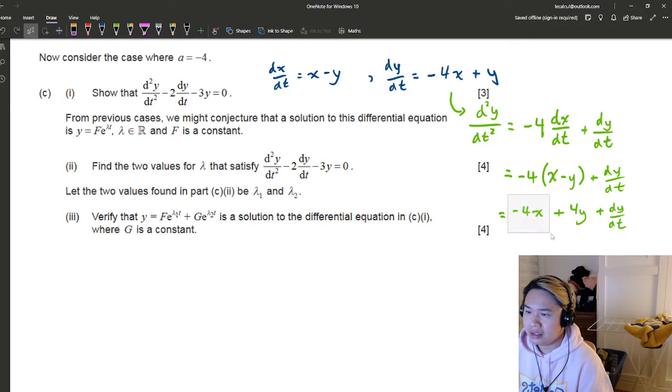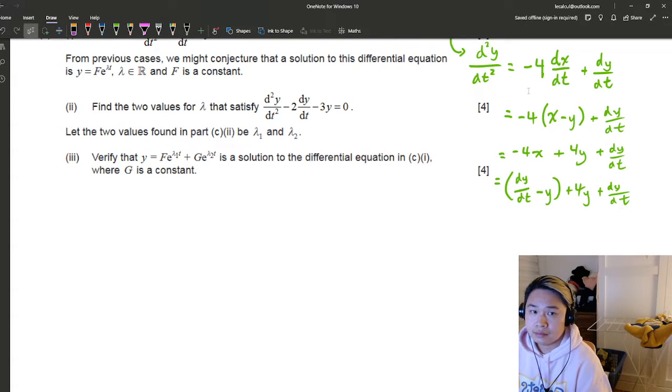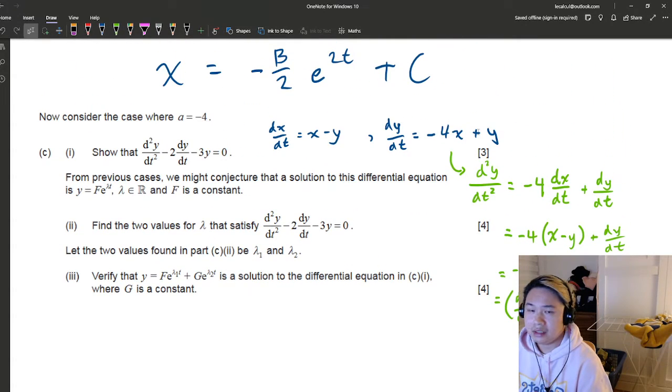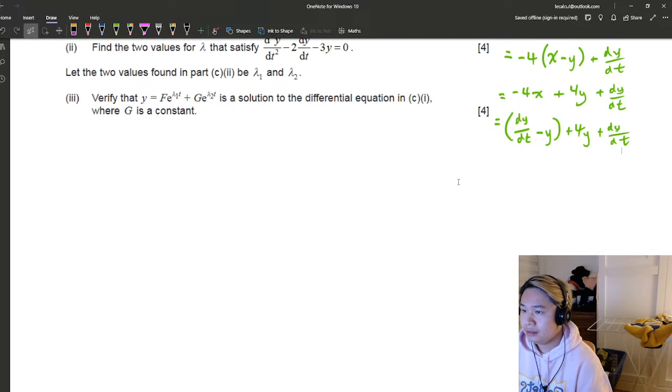Oh, and then negative 4x is right here. So I'm going to substitute it with dy dt minus y. And then I think, oh yeah, that will get us what we need. So I just subtract this y over here and then do the substitution.